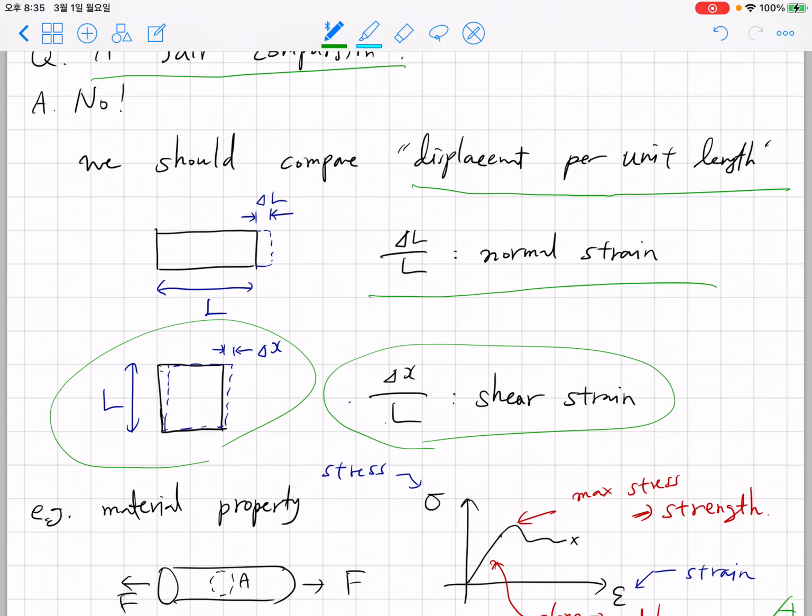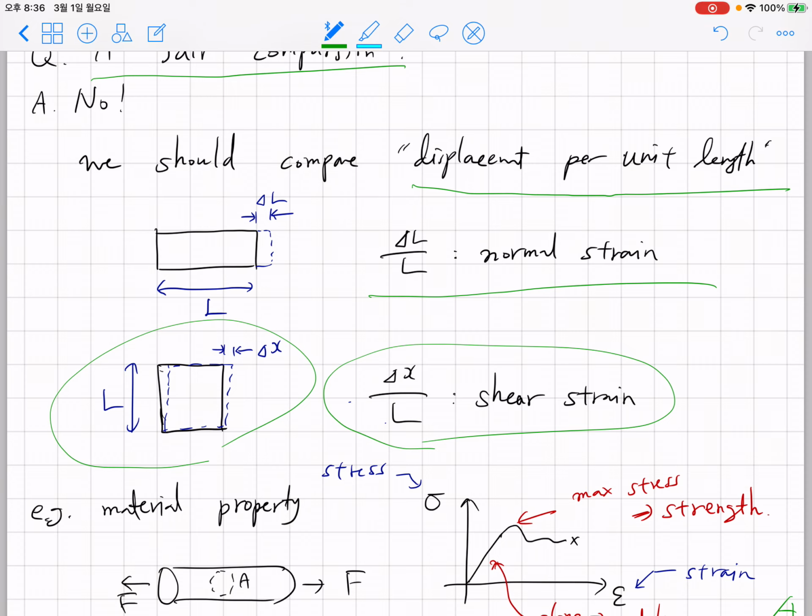For example, if you want to compare the material property between wood, rubber, and steel, you should make a comparison in terms of the stress and strain curve, not just the entire force and entire displacement. If you define material property in terms of force and displacement, your material property will be size dependent.